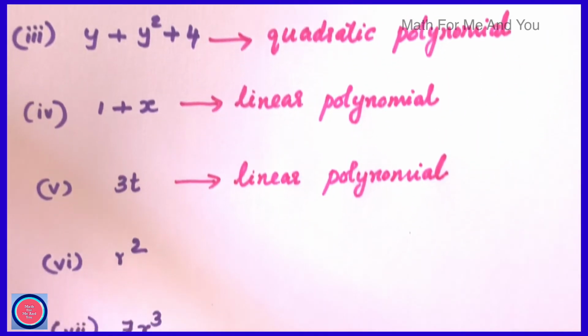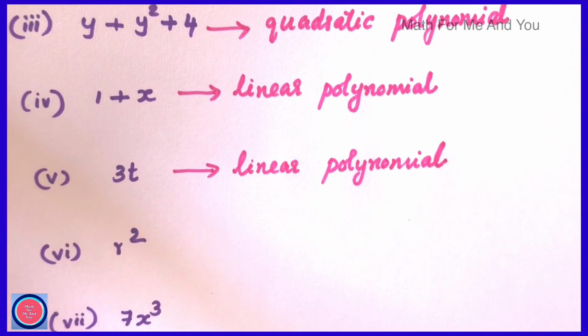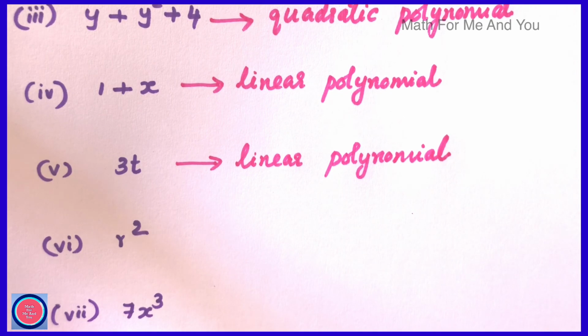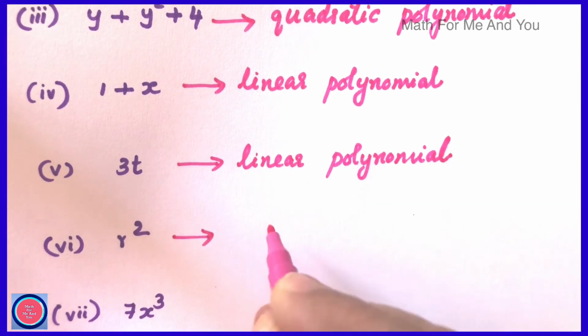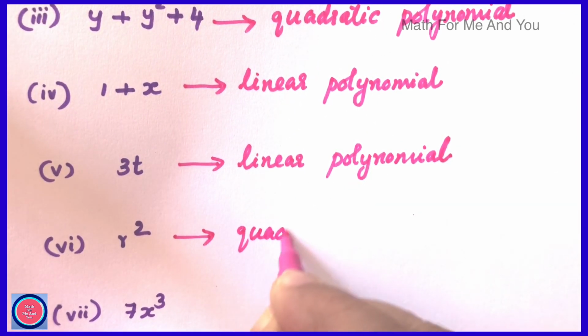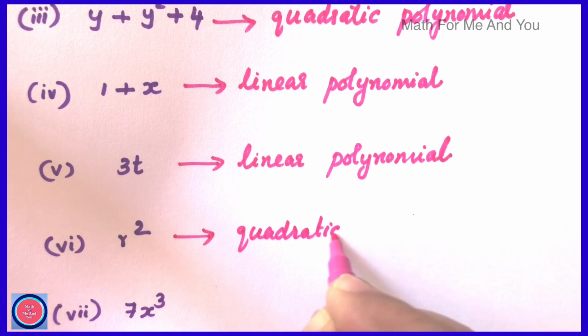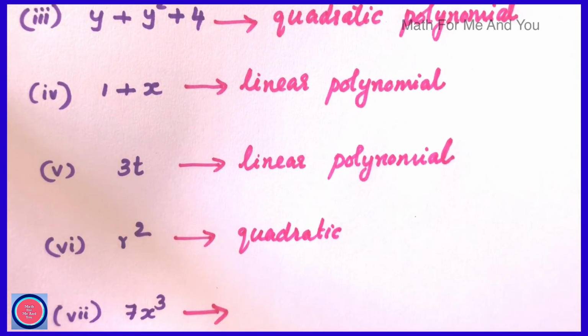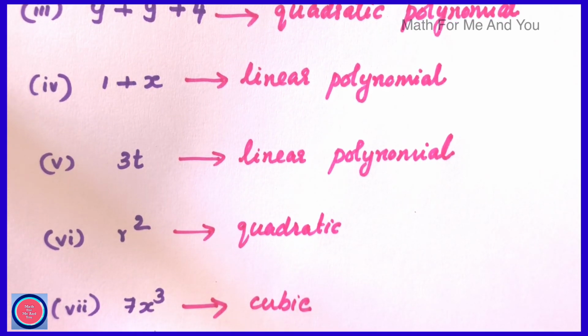Next one, r square. Square means degree 2. What's the name? It's a quadratic polynomial. Next one, 7x power 3. Power 3 means the polynomial is of degree 3. So it's a cubic polynomial.